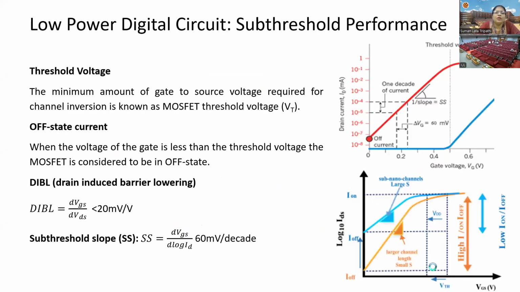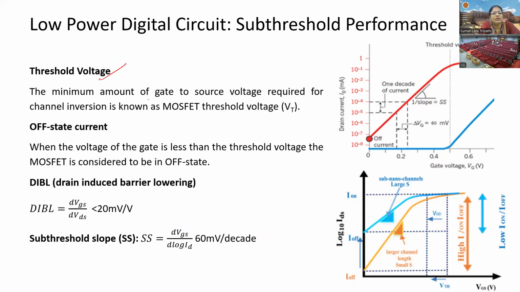Now, what do you understand by sub-threshold performance? That is an important thing here. Sub-threshold performance means when the gate voltage is less than the threshold voltage, there should be no current. Ideally, there should be no current, but there is certain current in practical cases. So what is the role of the designer?